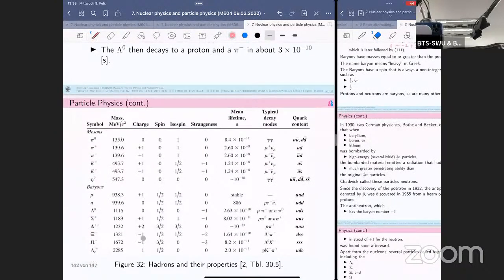And here is the table for the meson and baryon, for the hadron actually. Because hadron can be classified into meson and baryon. Meson would be a little bit smaller, on the order of 100 mega electron volt per c squared.